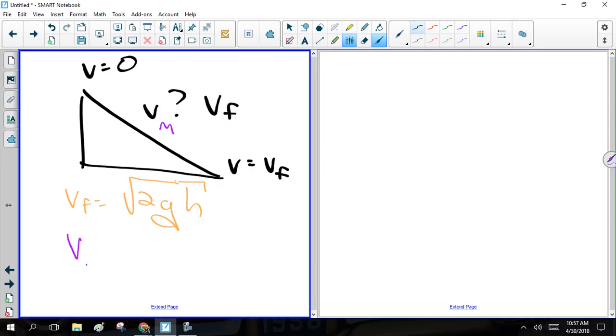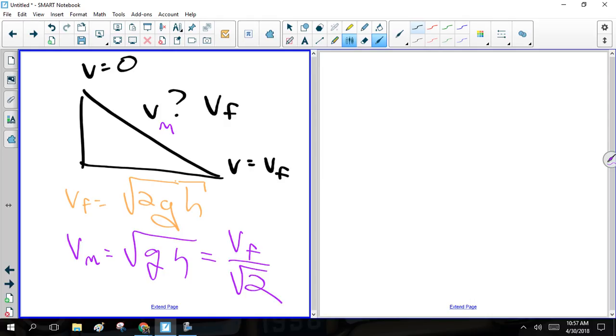So our VM would be, well, what's different, you guys? H over 2. Isn't it just the square root of gh? Right, because you're going half of the height. So when you divide your height by 2, the height over 2 and the 2 cancel out, so you get that, right? So this is the same as VF over the square root of 2, right?